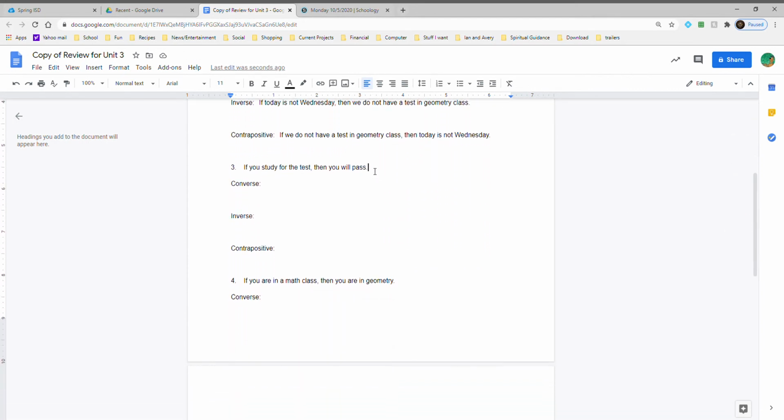All right, so now our converse, inverse, and contrapositive. The converse, first again, I'm going to copy this and paste it down here. And then remember we flip these. You will pass is your conclusion. So I'm going to cut that out and move it up here. My hypothesis is you study for the test. All right, Control X and Control V. Now, read the sentence.